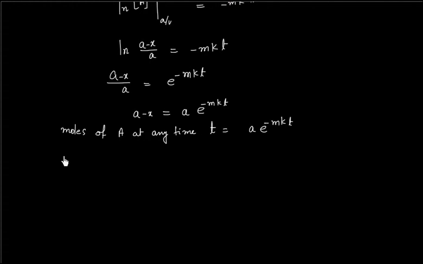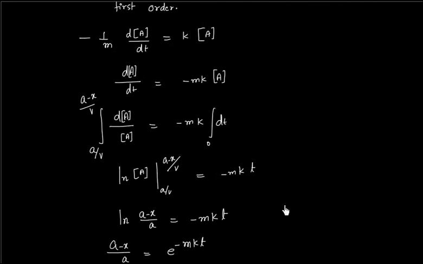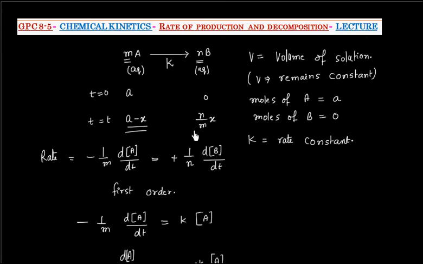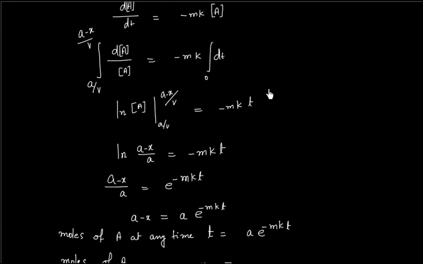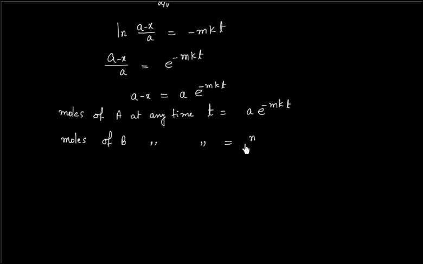Similarly, we can find moles of B at any time t, and this is equals to n by m into x. So basically from this equation we can calculate the value of x.